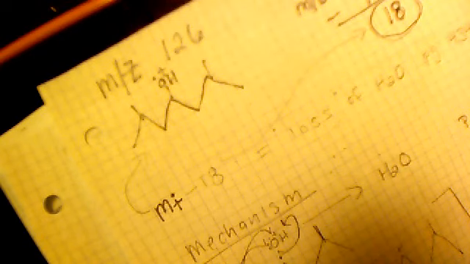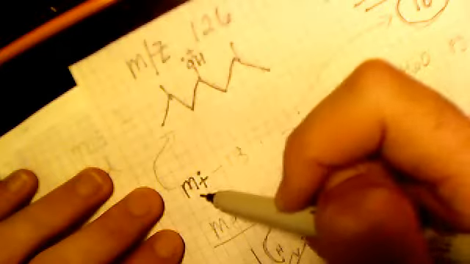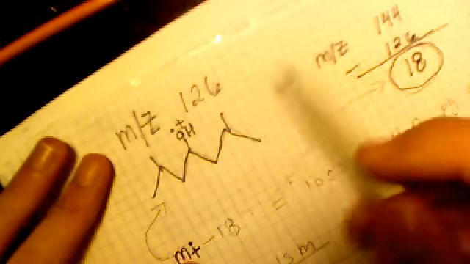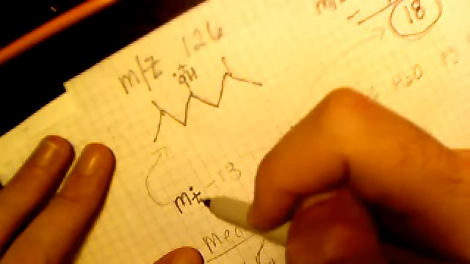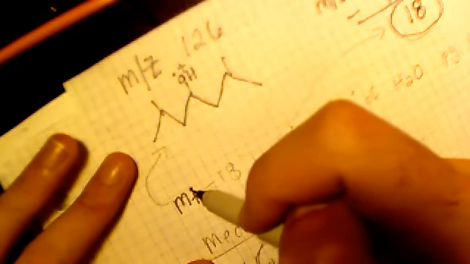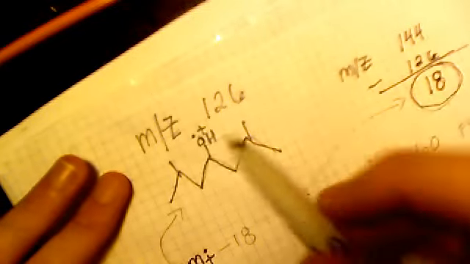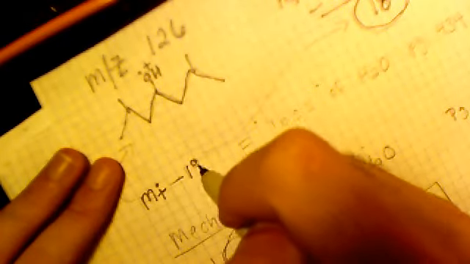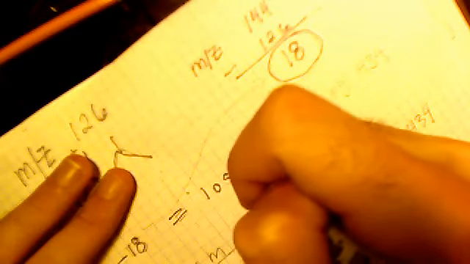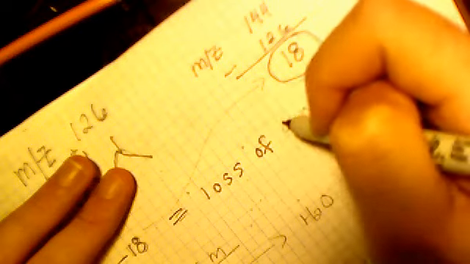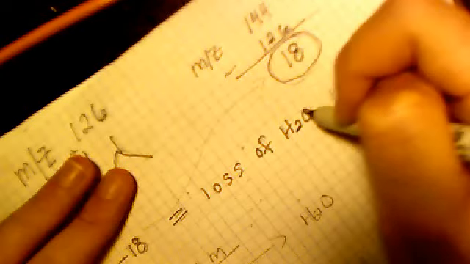Whatever, doesn't matter. So this peak, your mass peak, your pre-fragmented peak, which is this up here, this is your M plus 1. No, your M positive radical, not plus 1, your unfragmented molecule, minus 18 is always going to equal loss of water, right?